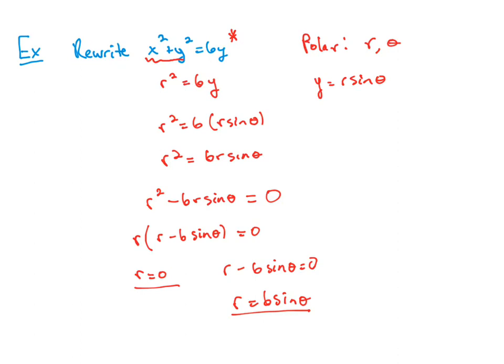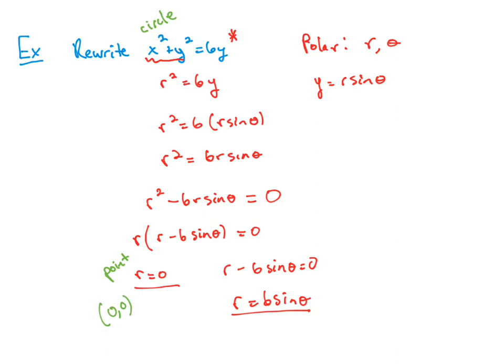And I didn't mention this, but our original equation in rectangular form is a circle. And these equations that we came up with in polar form will also give us a circle, but r equals 0 is just a point, kind of. It's a point, but the point is 0, 0.